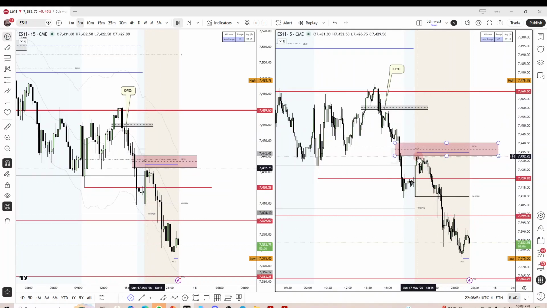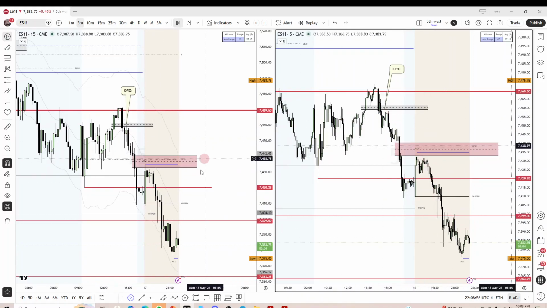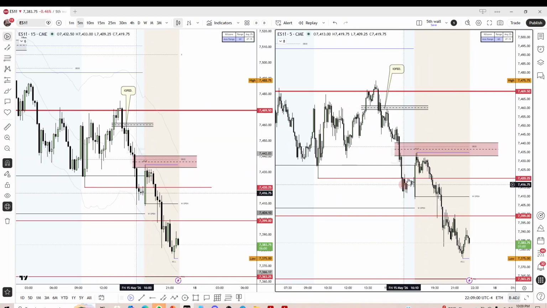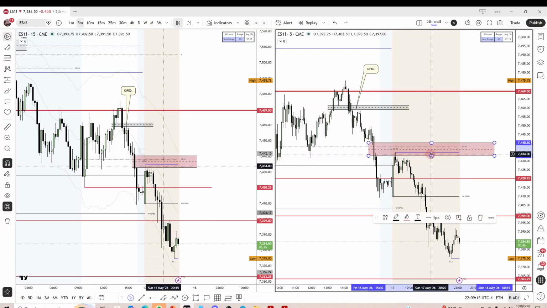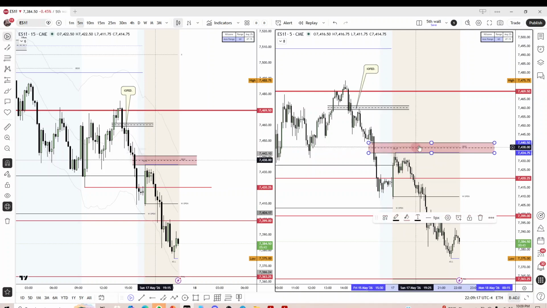All right, so we let this happen. If you didn't see this as a continuation short here, we let that happen. And you want to wait for the Asia kill zone, 9 o'clock. But still, let's fine tune this to the 5-minute.